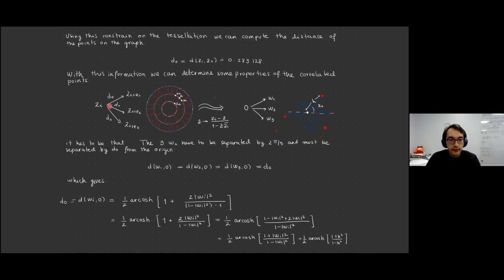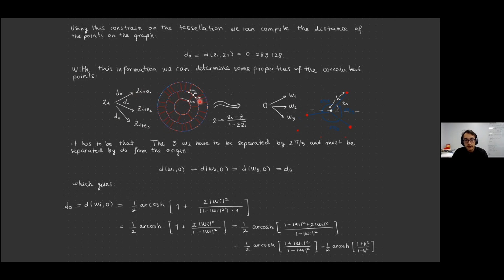So you have your point of interest, separated by d0 from these 3 points like this. And then if you move it by this Mobius transformation, which essentially moves the point zi to 0, you end up with these 3 neighboring sites that are now separated by a distance h.